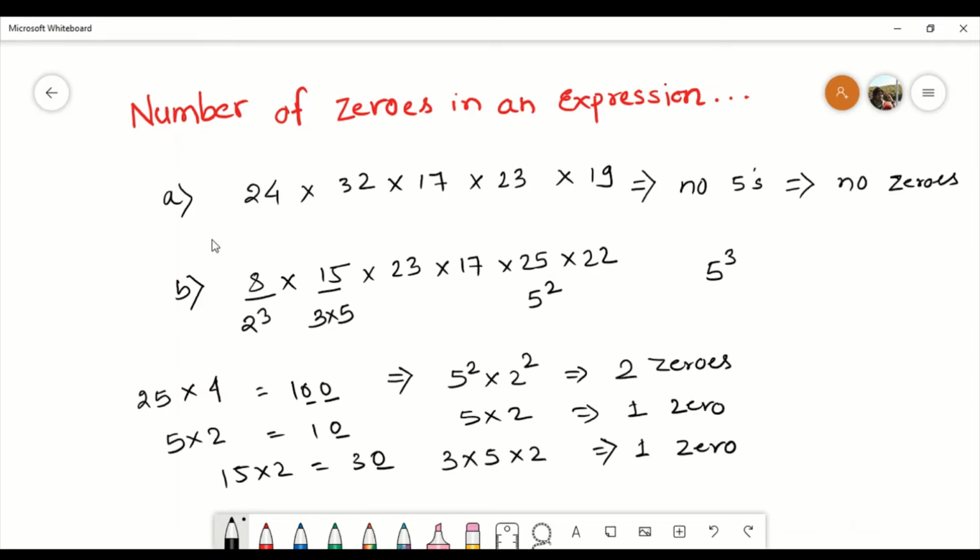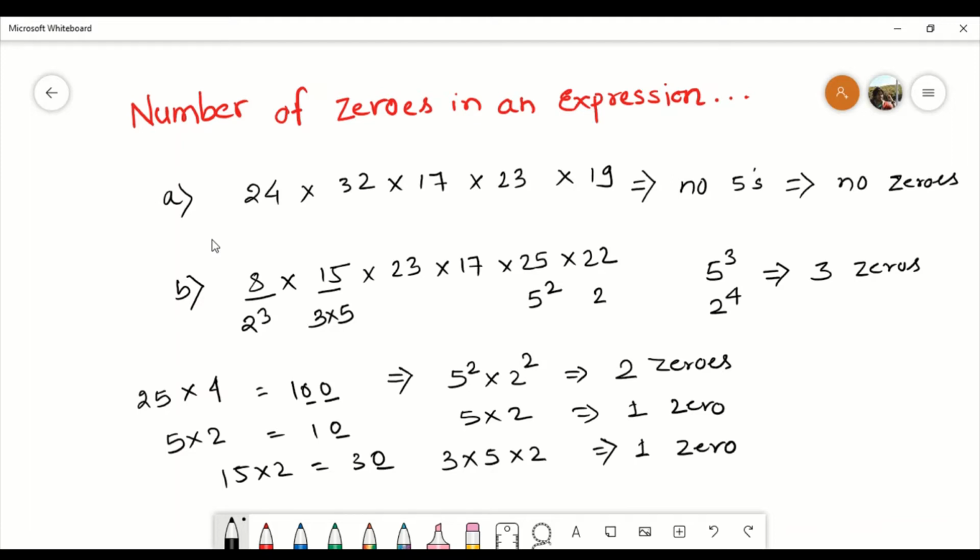We have a 2 cube here, and we have a 2 here. So we have 2 raised to the power 4 in this expression. Since between 3 and 4, 3 is smaller, we'll have 3 zeros, right? So three 5s and three 2s will give us 3 zeros.